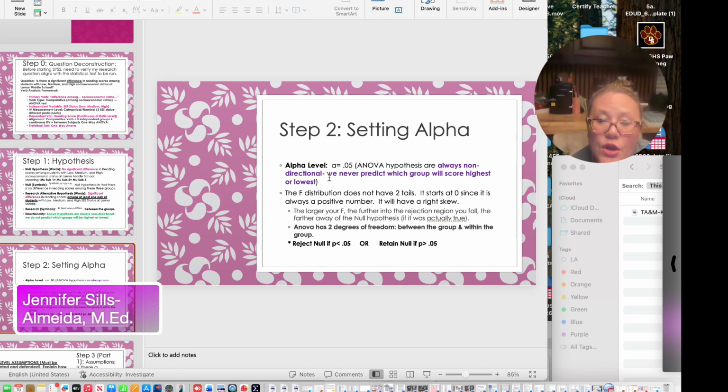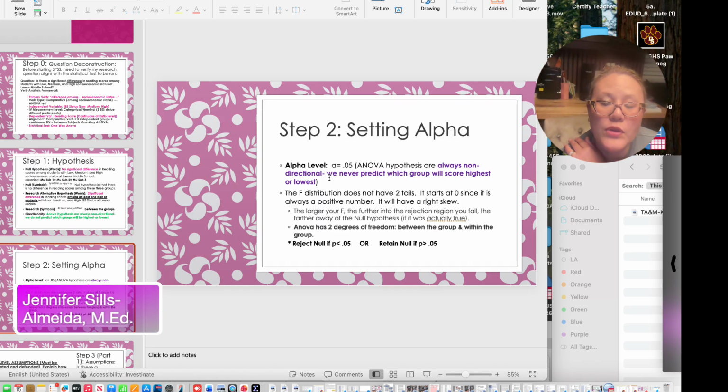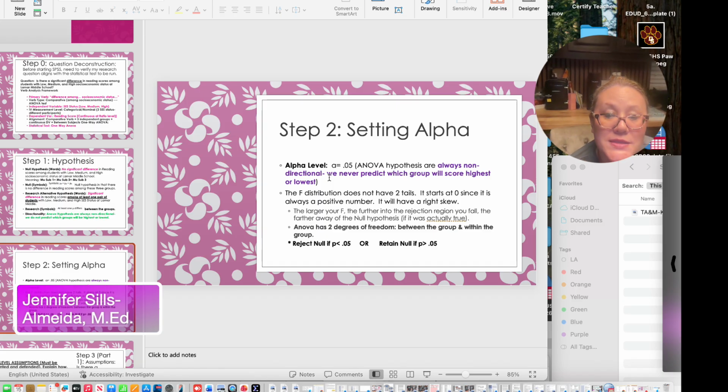When we're looking at ANOVA, we're looking at the mean scores of all low, medium, and high socioeconomic groups. Now, there could be a difference in the reading scores within the groups. That means within the low group, how many people are in that group, and what is the difference there? And also between the groups, between low, medium, and high. So there's within-group and also between-group variation.